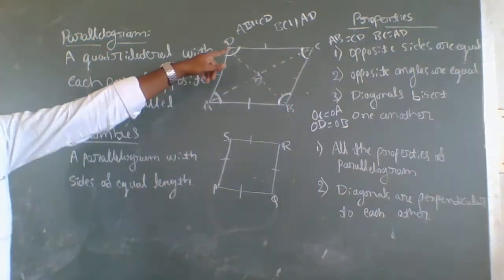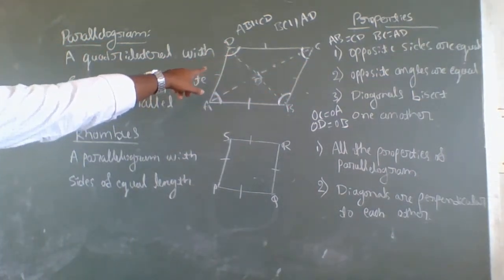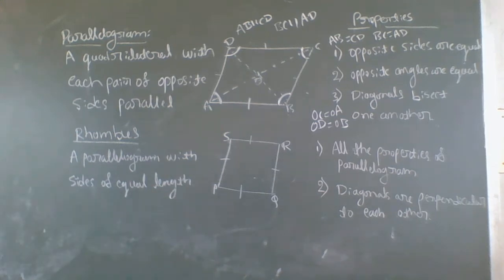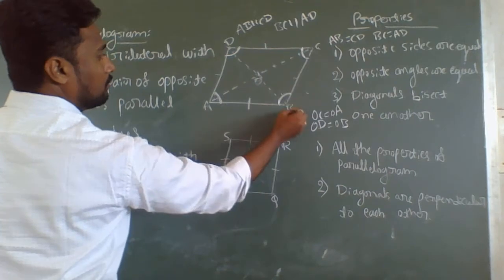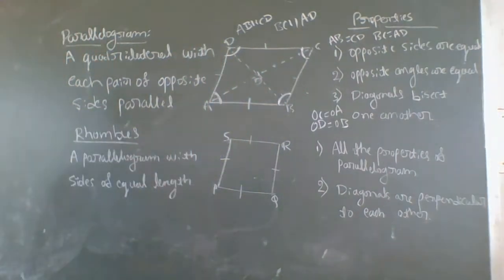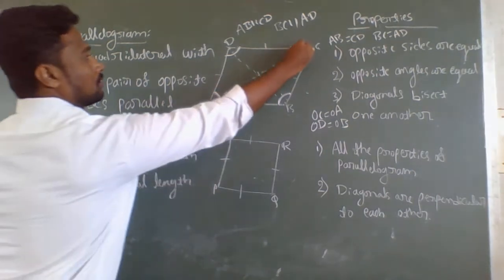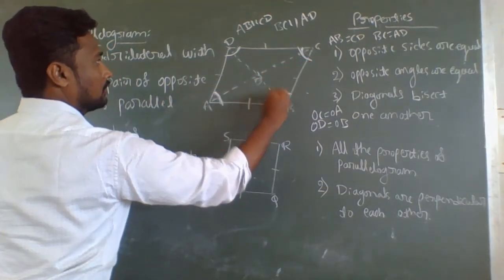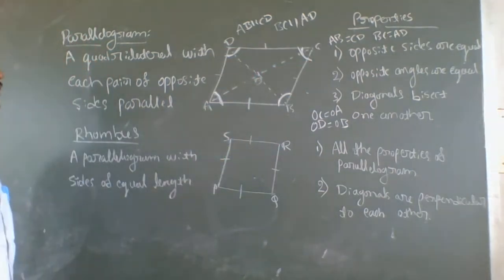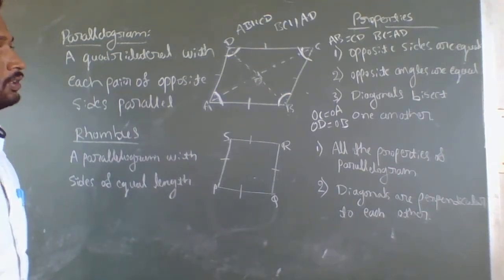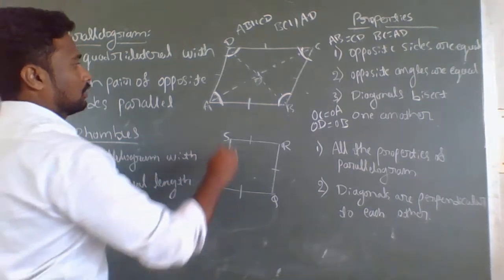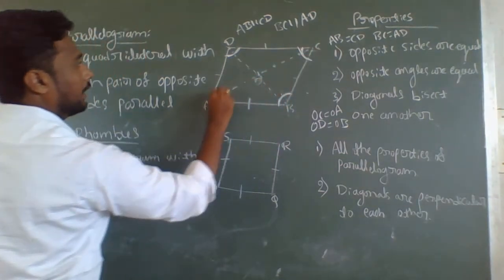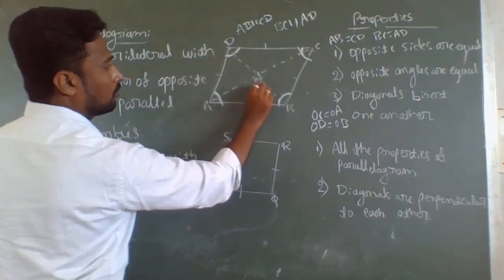Opposite sides are equal: AB is equal to CD and BC is equal to AD. Like that only, opposite angles are equal. Here, this angle equals this angle, and this angle equals this angle. Like this, diagonals bisect one another. Here OC is equal to OA and OD is equal to OB.